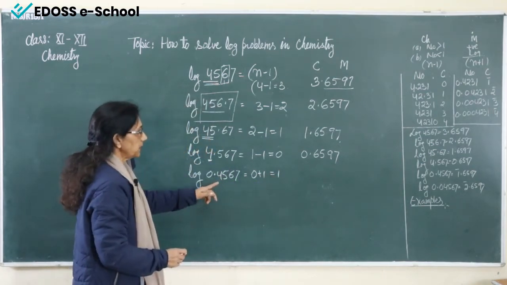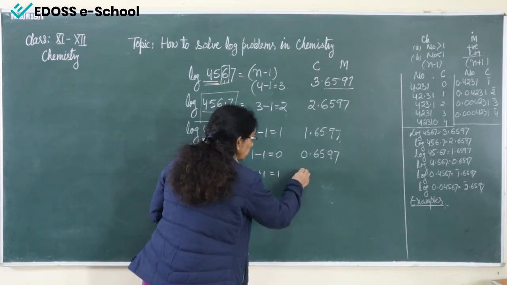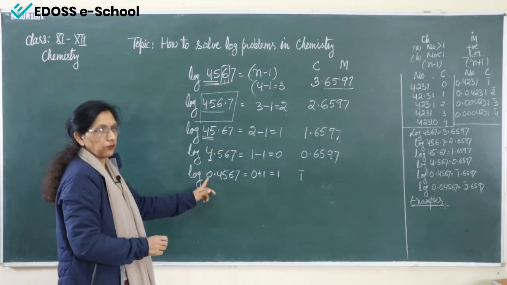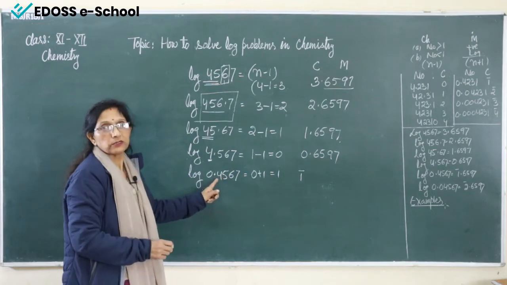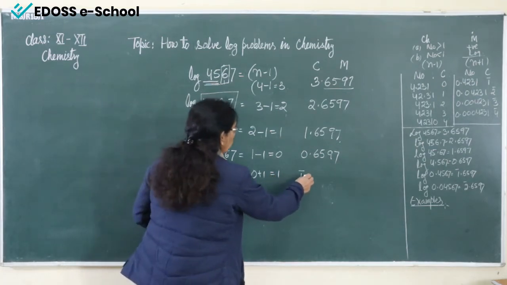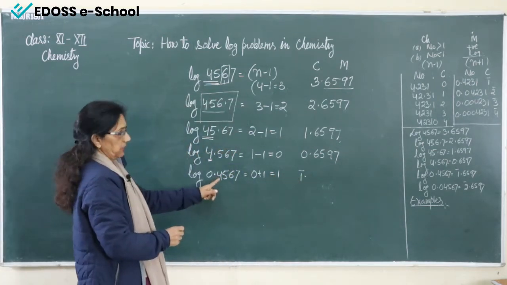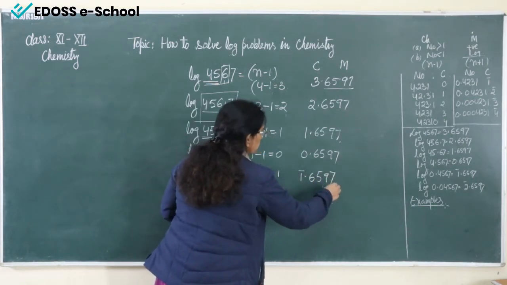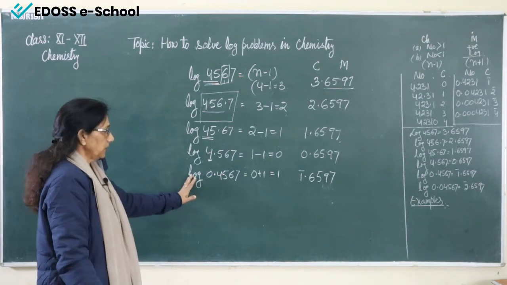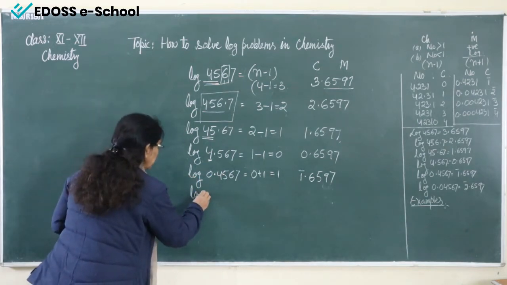So how we will write it? This is negative now, remember. For a number less than 1, the characteristic is negative. So 1 with a bar, and mantissa will be same, 1.6597.